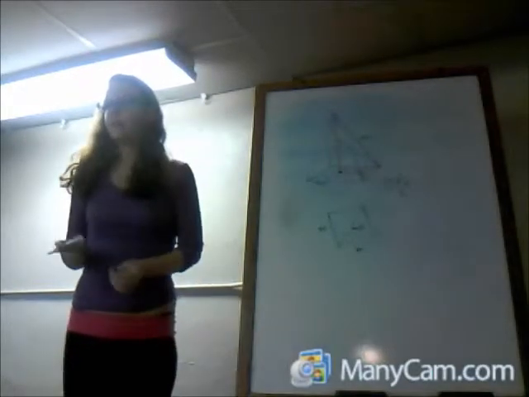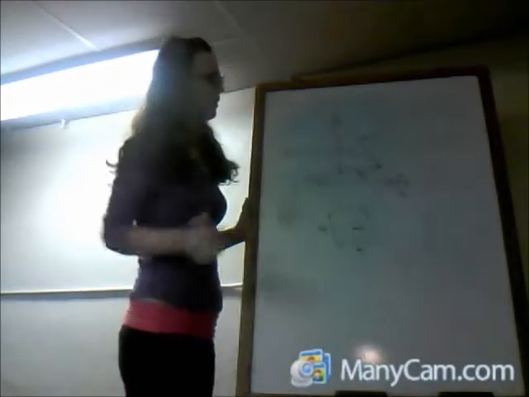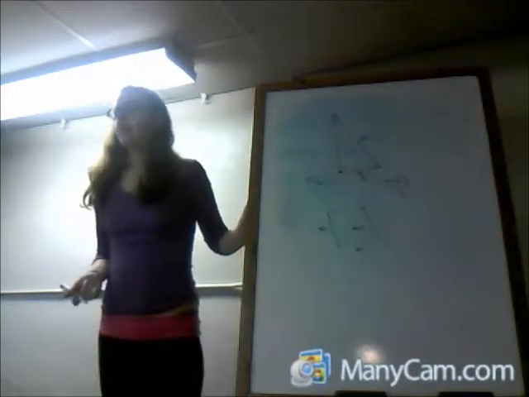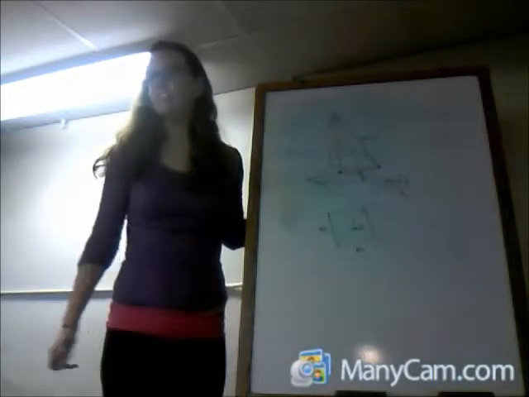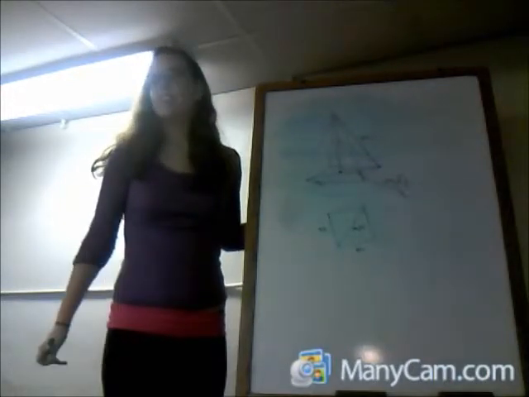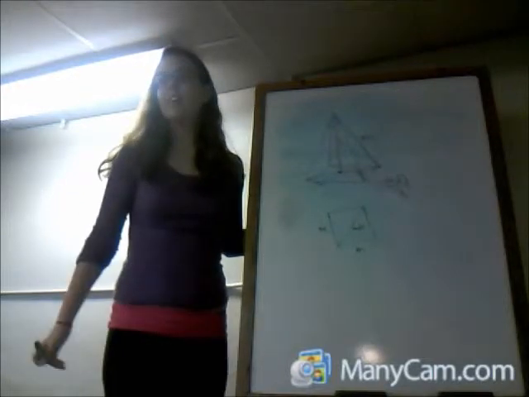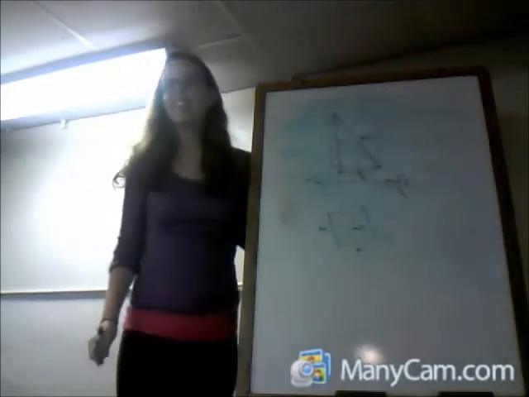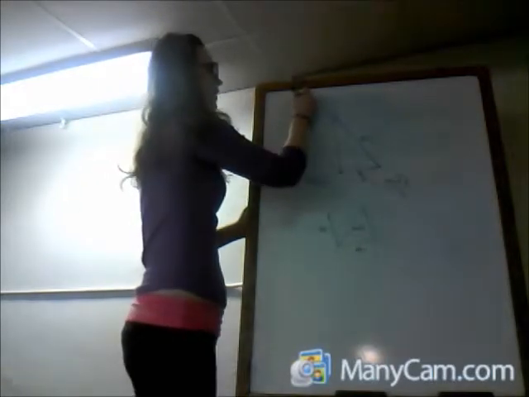So we have two sides, and we want to find this third side. Whenever we have a right triangle and we have two sides and we want to find a third side, what do we do? Yeah, exactly. We use the Pythagorean theorem: a squared plus b squared equals c squared.